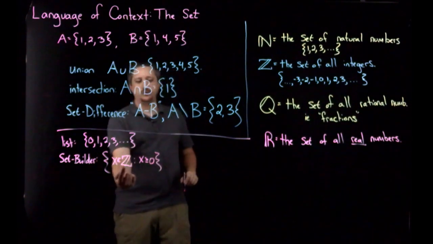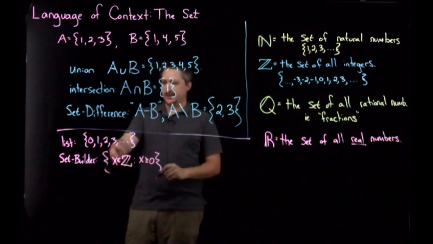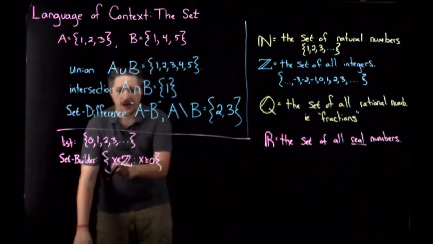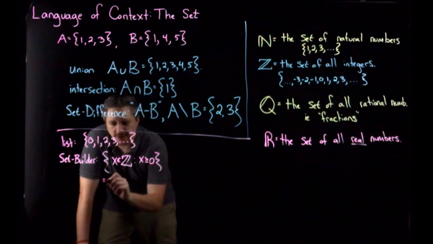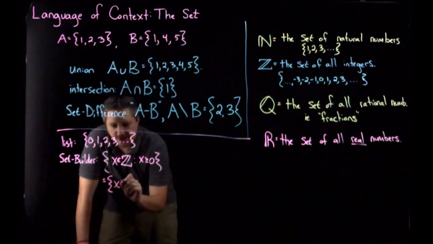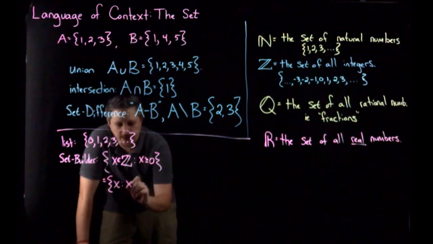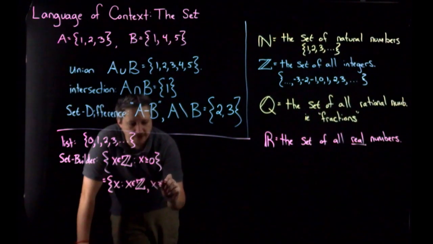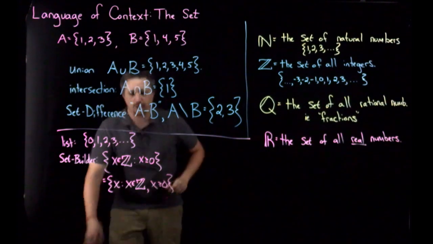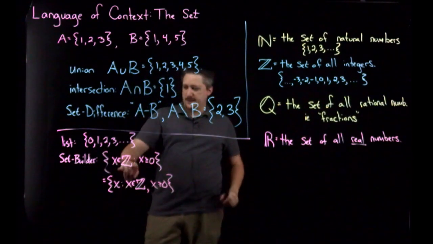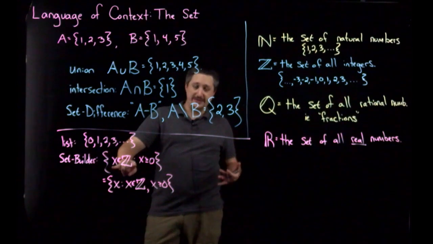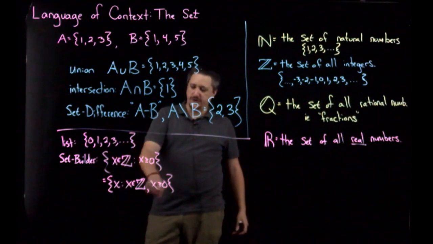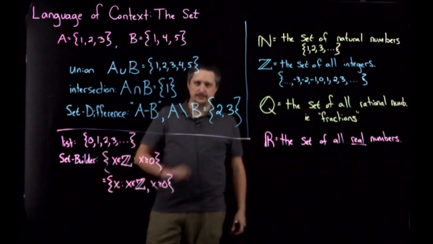So I'm only looking at whole numbers that are 0 or bigger. Instead of writing it like this, I could also write it as the set of x such that x is an integer and x is greater than or equal to 0. It's common to see it like this, so you should know how to read these things, but it is equivalent to doing it the other way. You don't have to do it that way, okay?